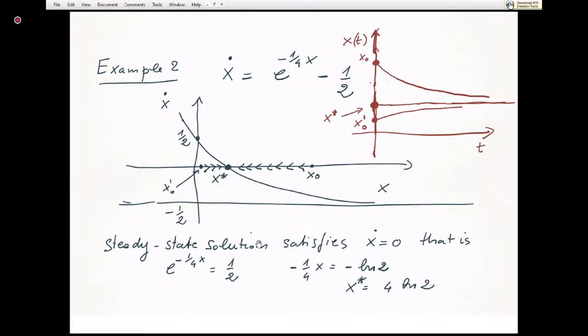The steady state solution satisfies x dot equal to 0. That is, f of x, which is this one, equal to 0. If I impose exponential minus 1/4 x minus 1/2 equal to 0, this means exponential of minus 1/4 x is equal to 1/2.